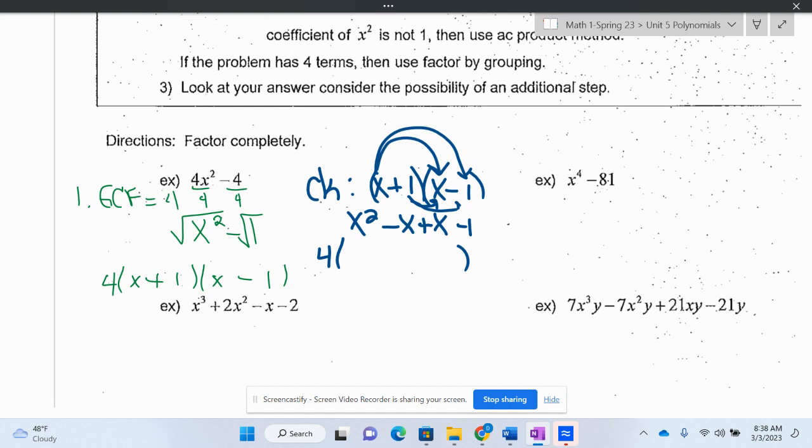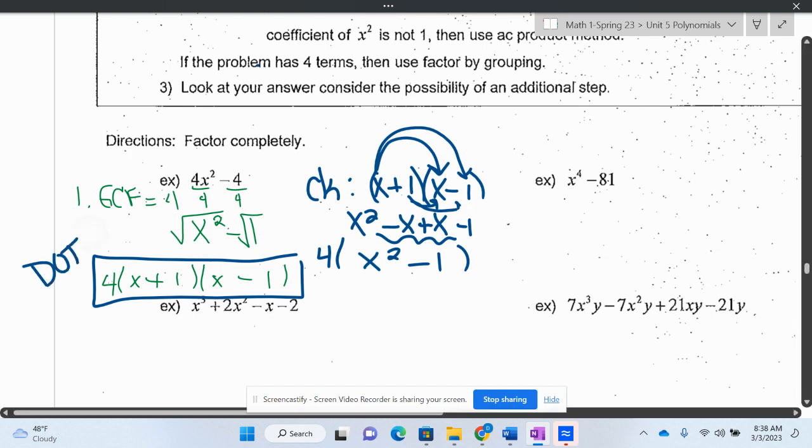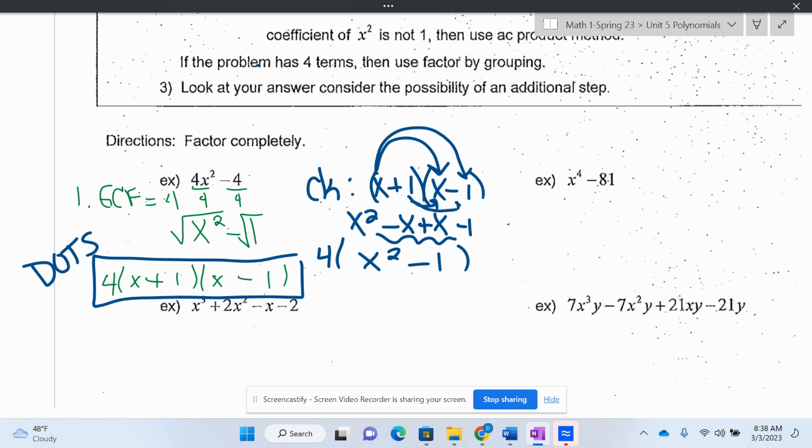These are unique because what happens here? They cancel out. So you're left with x squared minus 1, the difference of two squares. So if I were to multiply through by 4, I would end up with 4x squared minus 4. So this is correct. So I'm going to put DOTS because it's the difference of two squares.